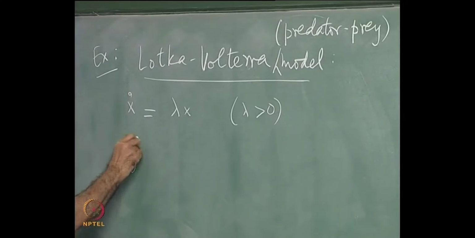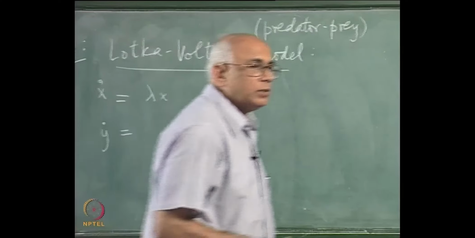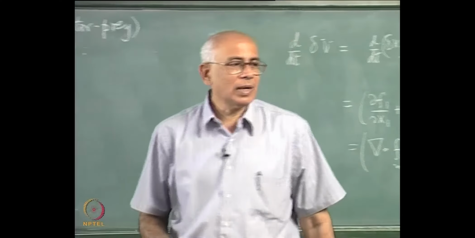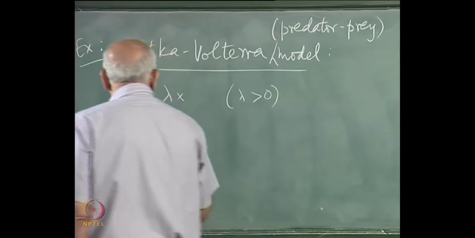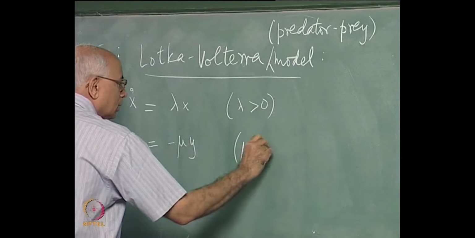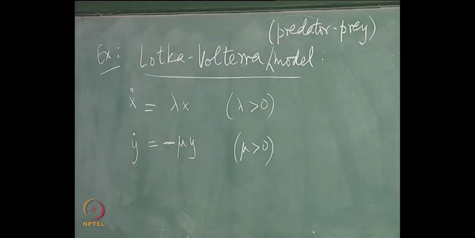And let us say Y denotes the population of foxes, and if you had no rabbits around, since foxes do not eat grass, they would actually become extinct, they would die down. So this would be some minus mu times Y, where mu is a positive number, and this is a decaying population.